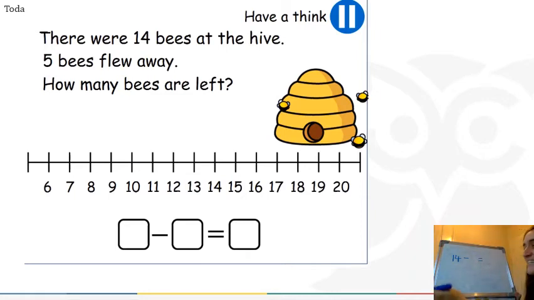We're going to be taking away. 14 take away 5. They're the 5 bees that flew away. So our number sentence is, can you read it? Excellent. 14 take away 5 equals. Can you have a go at doing this using your number line? Pause the video now and have a go.